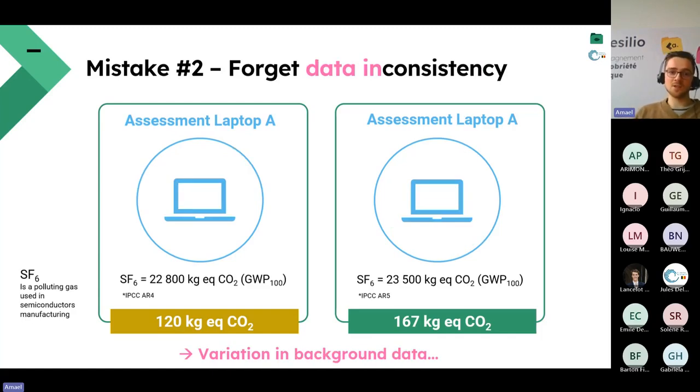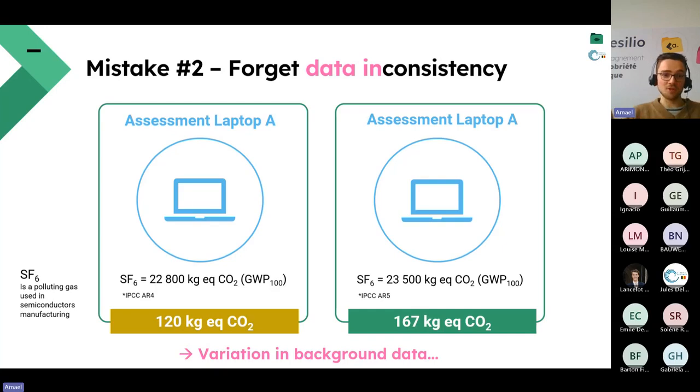Second inconsistency could be on data. Same assessment for laptop A, laptop B, assuming we have the same methodology. Then the background database they use to know how much each component pollutes could be different. At the lowest level, when you make such an assessment, you need someone that tells you that 1 gram or 1 kilogram of a gas that you're using to manufacture your laptop is polluting X kilograms of CO2 equivalent. You need to move from the chemicals onto the CO2 world. And this information comes from IPCC, the short table I showed before.